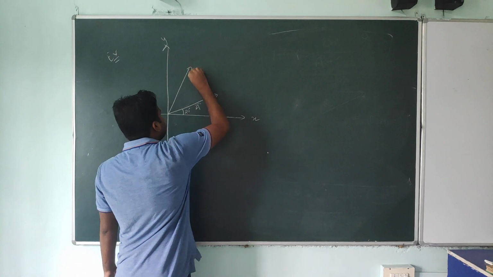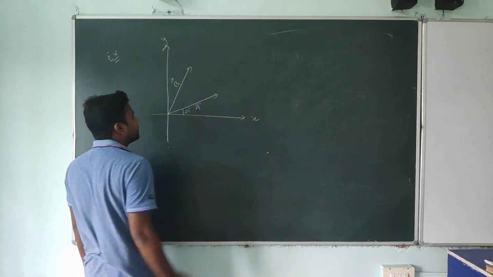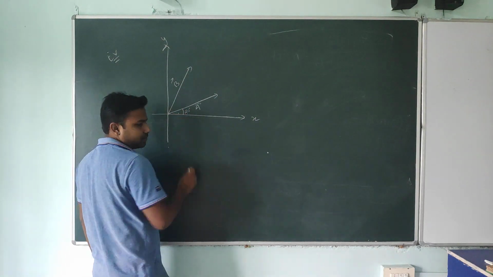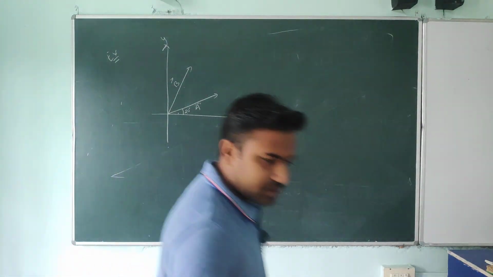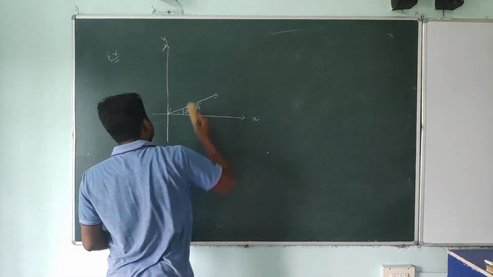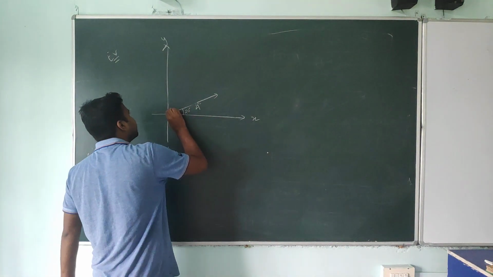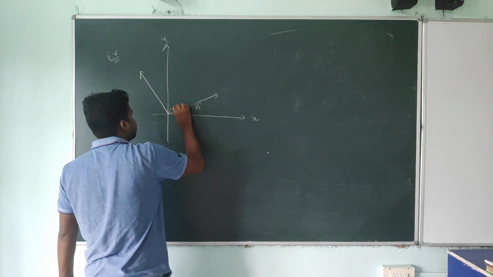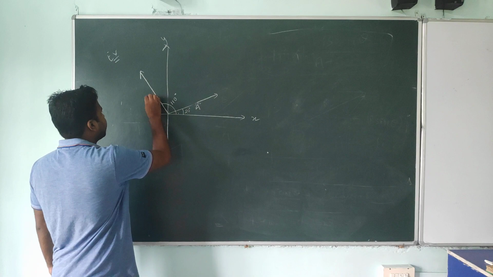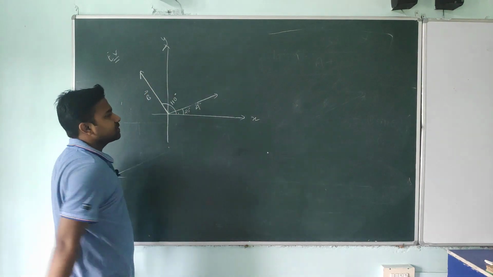Another, we have a B vector, and that's making... sorry, where is the duster? You can take this side also, but here I am taking it like this. So this is the 110 degree angle this B vector is making with the x-axis.